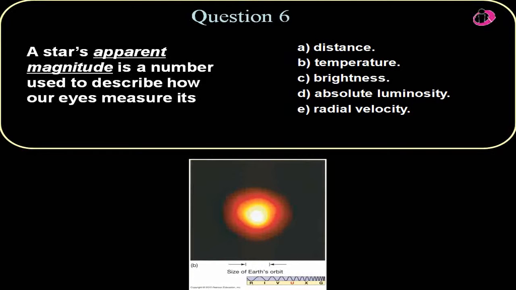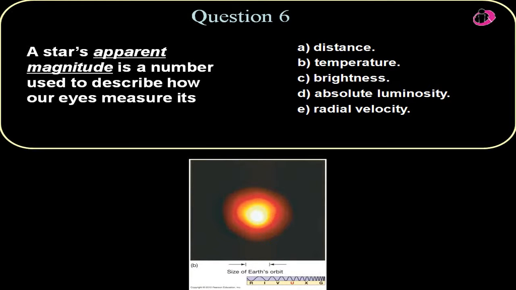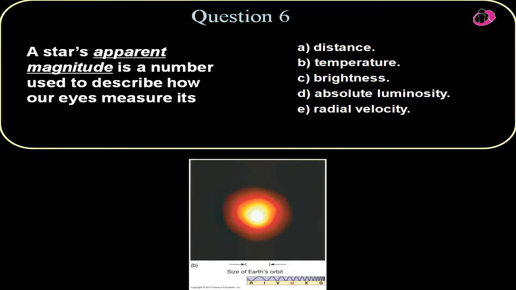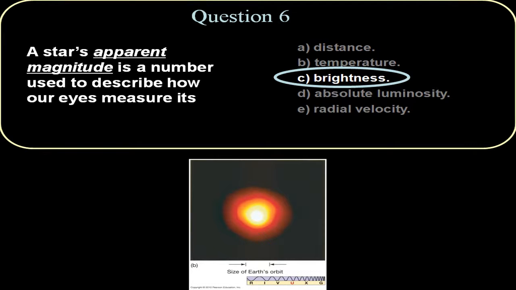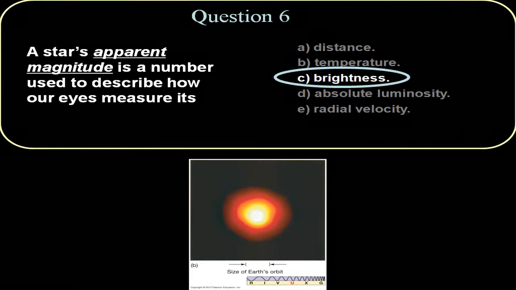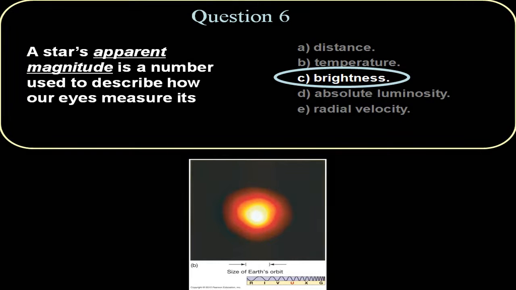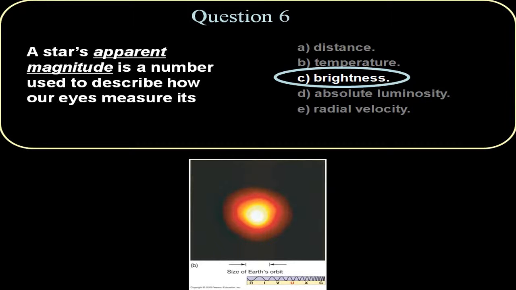Question 6. A star's apparent magnitude is a number used to describe how our eyes measure how it appears in brightness to us. So how our eyes measure its brightness as we see it. Not its absolute luminosity, because what it appears to us is not necessarily its absolute brightness.